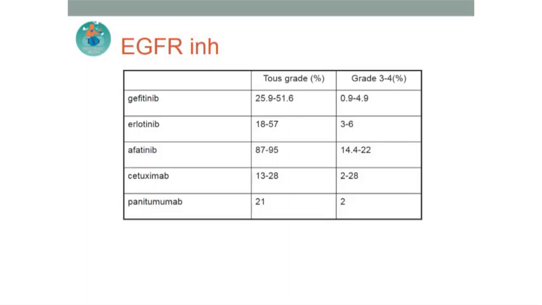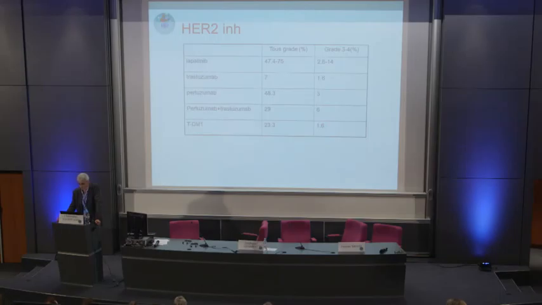For HER2 inhibitors, we know that there's a 50% incidence for pertuzumab or for lapatinib, and with 6% of grade 3-4 for pertuzumab.